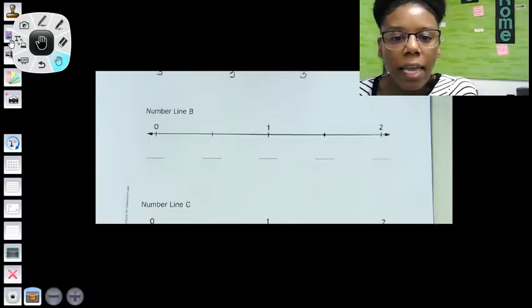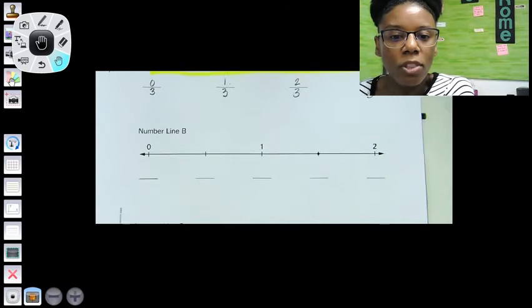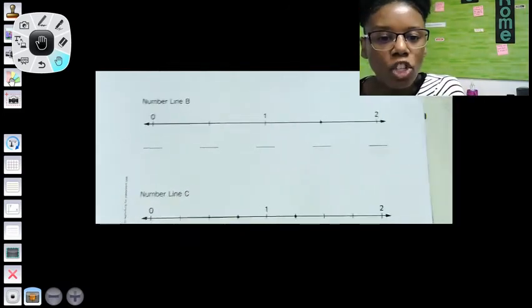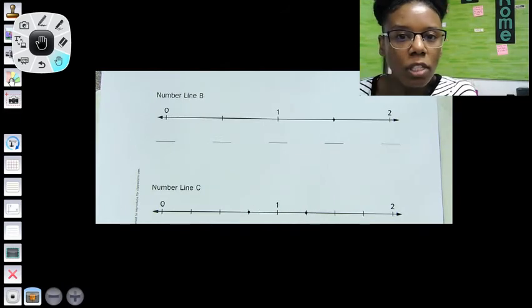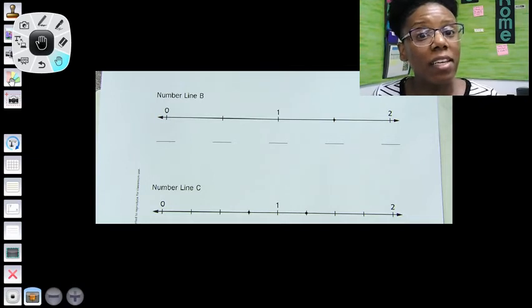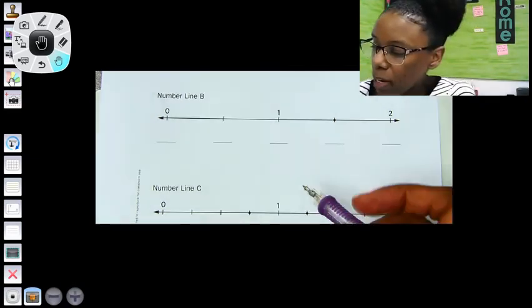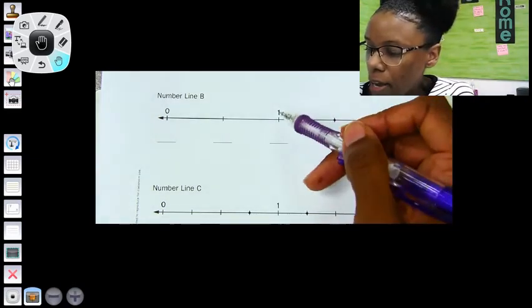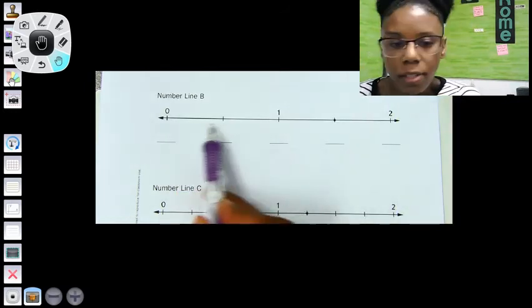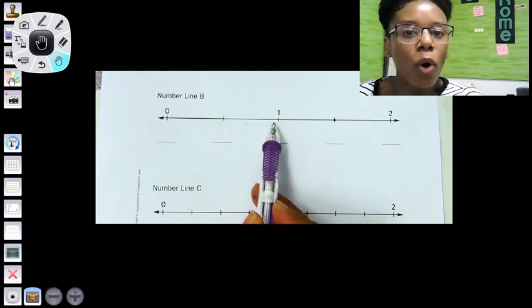Now, I can't assume that it's going to be thirds anymore because my pieces may change. So I need to analyze closely to see if my pieces have changed, the pieces that it takes to make a whole. So I'm analyzing and I see that this is my whole right here. These are the pieces that make up the one whole.